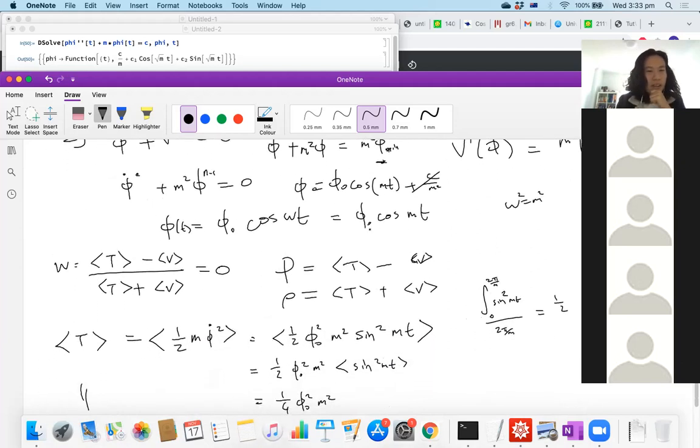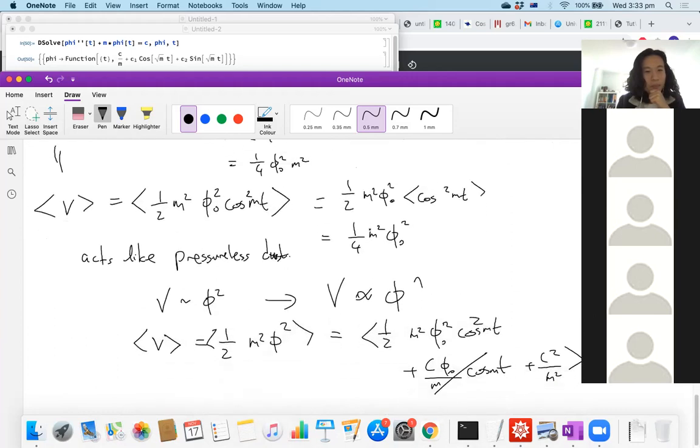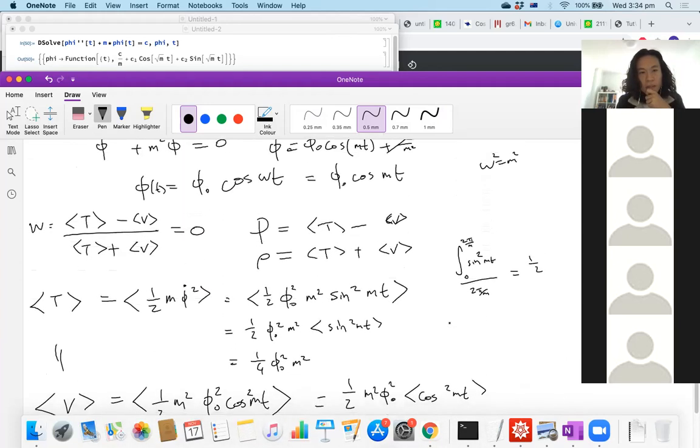Let me think about this. I don't actually know. I must be doing something wrong algebraically. I don't think this should matter, but for some reason it's not leaving.